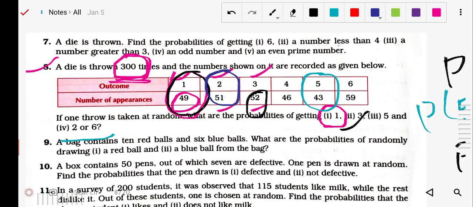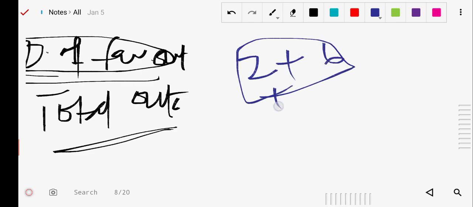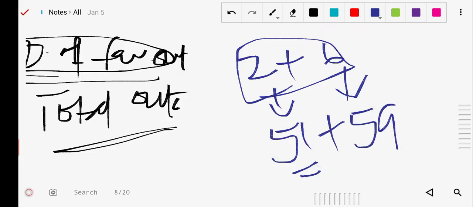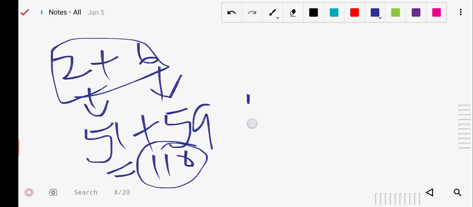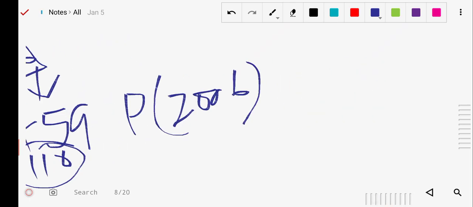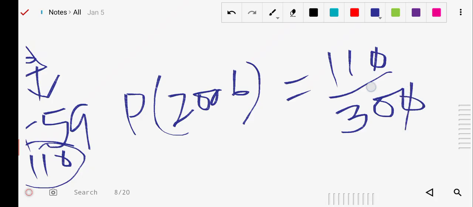For the 2 it is 51, and for the 6 it is 59. First we have to add them: 51 plus 59, altogether 110. So 110 is the favorable outcome. The probability of getting 2 or 6 is 110 divided by the total, 300. The 0 will cancel, so the answer is 11 by 30.